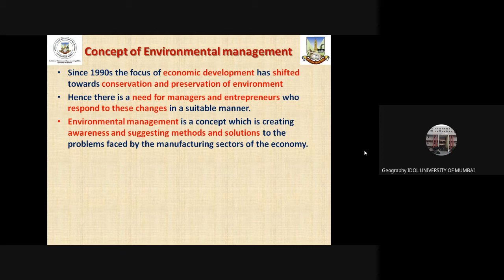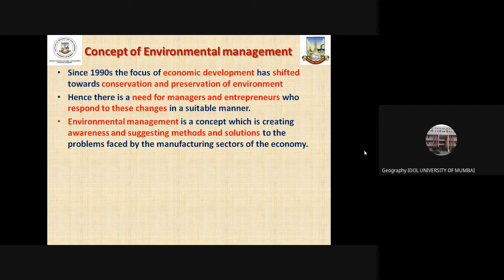Through this concept, it is expected that public awareness will be created through various strategies, and practical solutions and methods will be suggested for reducing the intensity of environmental problems caused by various economic sectors, particularly manufacturing activities.